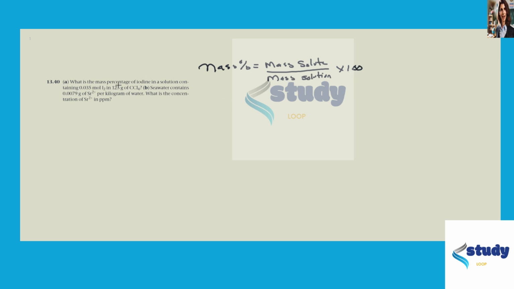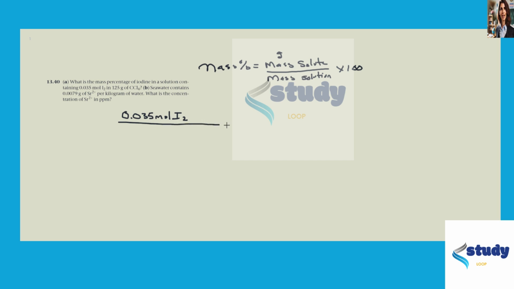We were given our mass percentage of iodide, which is very small. And was it in mass? Mass is in units of grams. So what were we given to start with iodide? Was 0.035 moles of iodide 2.